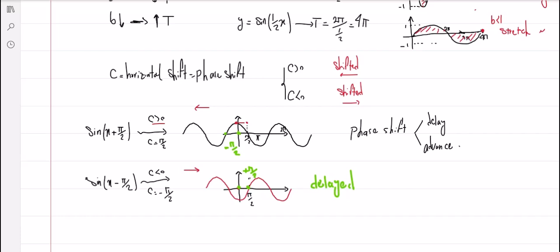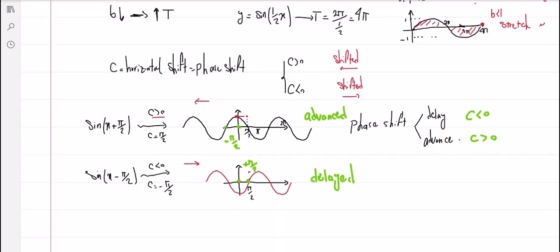And this one, it should have started the function at 0, but now it is started at theta equals, for example, minus pi over 2, which is now showing that the function is advanced. So we can say that if the c value is more than 0, it is indicating that the function is advanced. And if the c value is less than 0, it is indicating that the function is delayed.